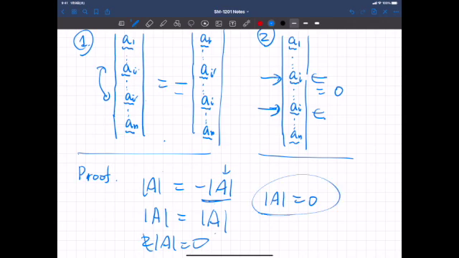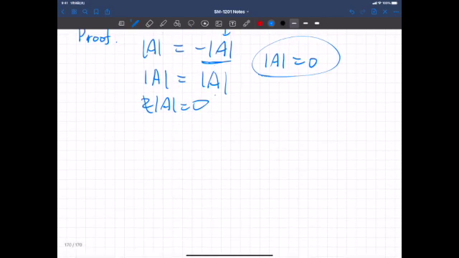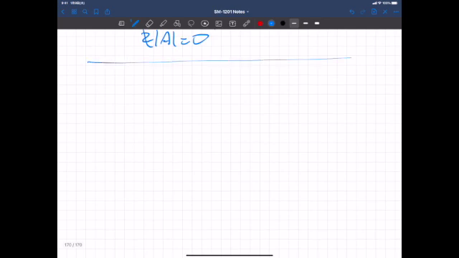Okay, so now let's prove the first part. This is a little bit tricky, and we prove by mathematical induction. If n is 1, so the size of the matrix is 1 by 1, then it's trivial because there's nothing to prove.